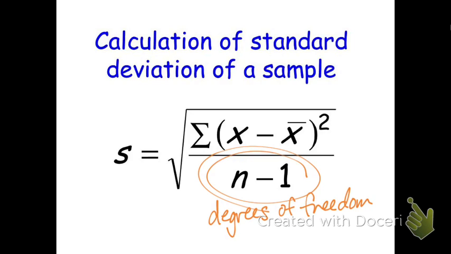So if I said there was a sample of 40 students, and I said, how many degrees of freedom do you have? Then you would tell me we have 39 degrees of freedom. So let me write that down, and then let me tell you what that means, or why we even talk about it.